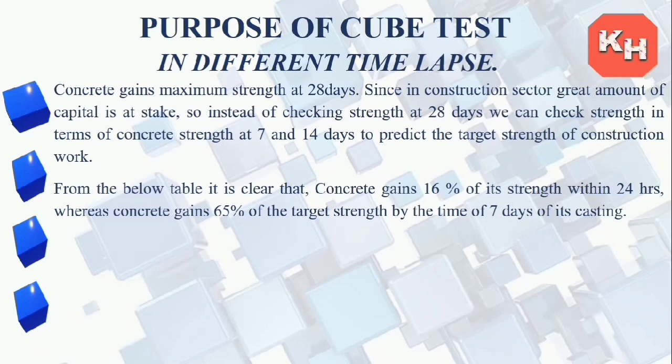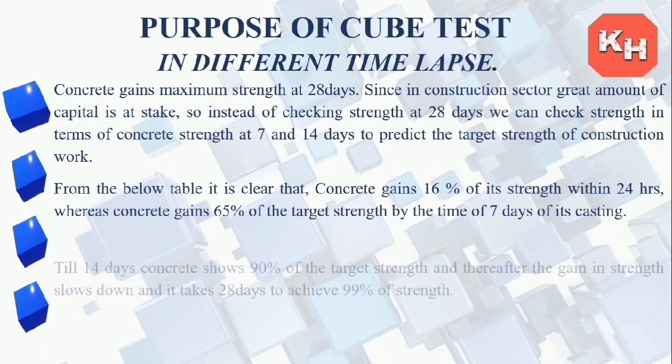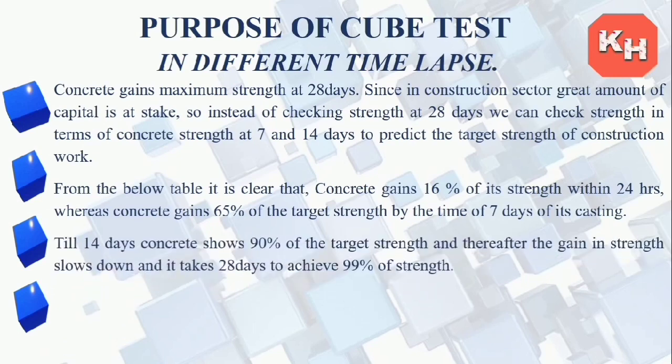From the table below, it is clear that concrete gains 16% of its strength within 24 hours, whereas it gains 65% of the target strength by the 7th day of its casting. Till 14 days, concrete shows 90% of the target strength, and thereafter the gain in strength slows down, and it takes 28 days to achieve 99% strength.